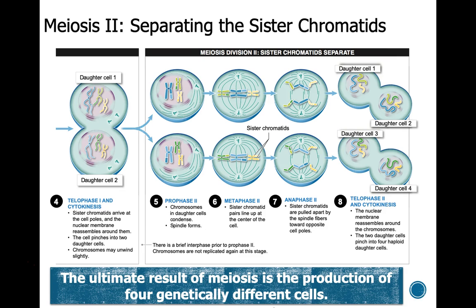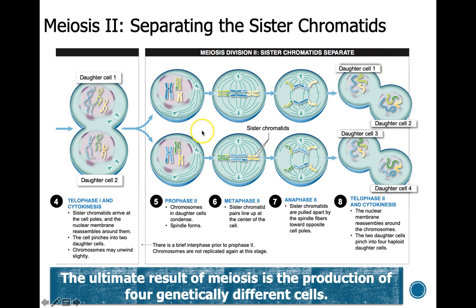That would defeat the purpose of reducing the number. So brief interphase after telophase of meiosis 1, and then both of those daughter cells are going to enter another round of meiosis. Now, meiosis 2 is actually basically identical to mitosis.